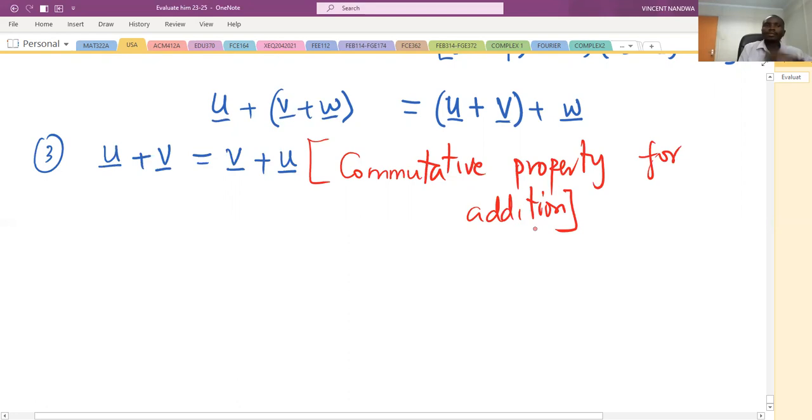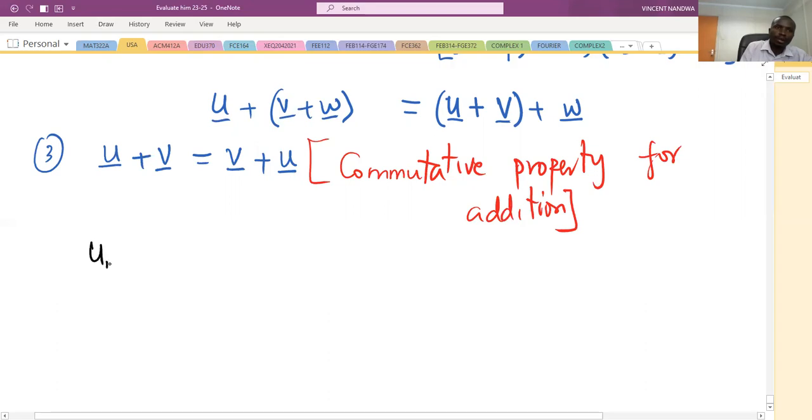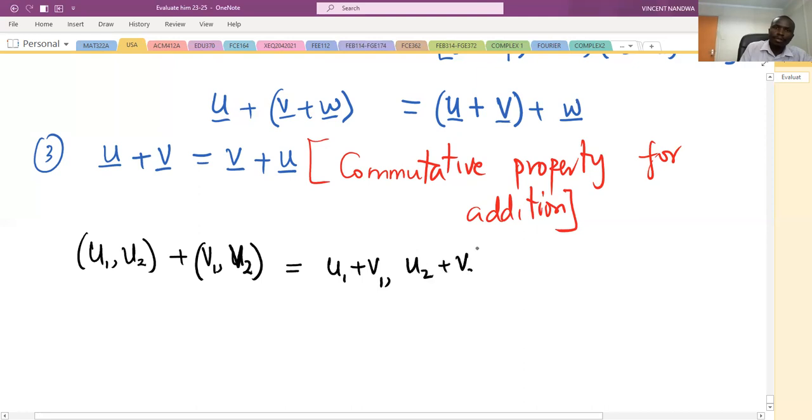So U1, U2 plus V1, V2 is the same as saying U1 plus V1, comma, U2 plus V2.